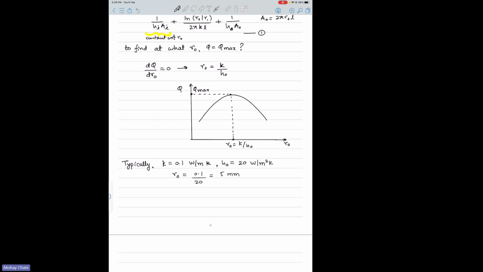Yeah, in case of cylinder, there is one more concept that you should be doing, which is usually asked in some competitive exams.